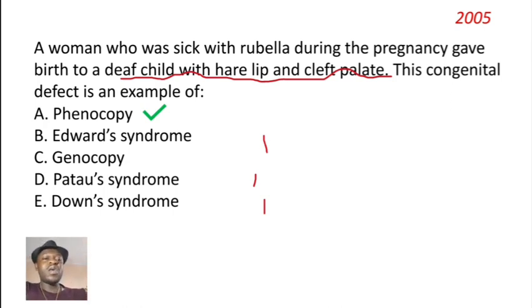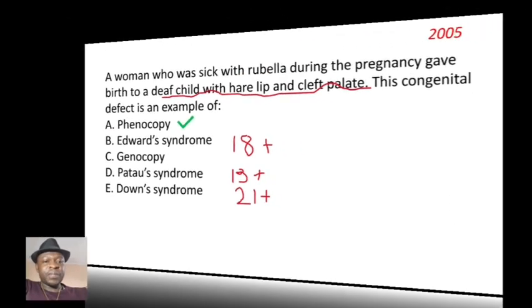Edward syndrome 18 plus, Patau 13 plus, and Down syndrome 21 plus, right? You will see these questions again in the next slide, and I will help you to understand further.